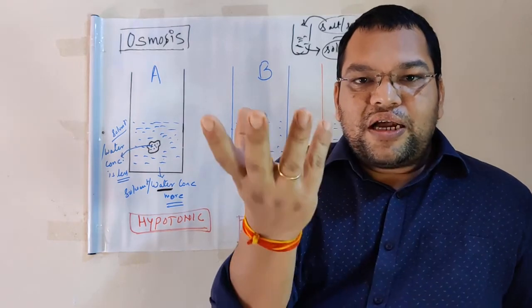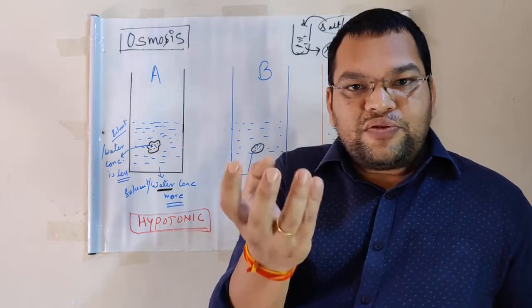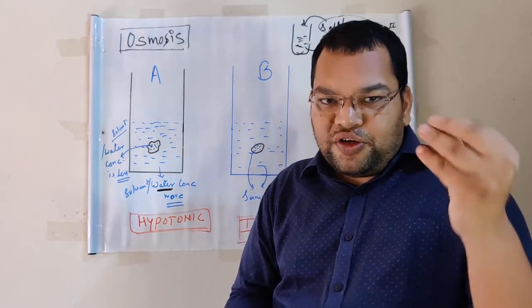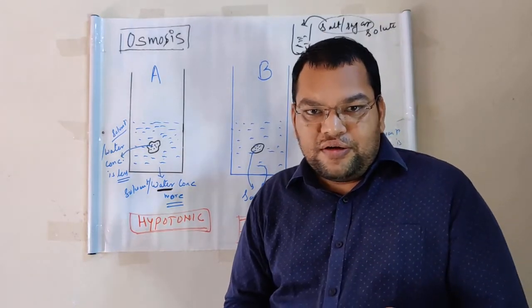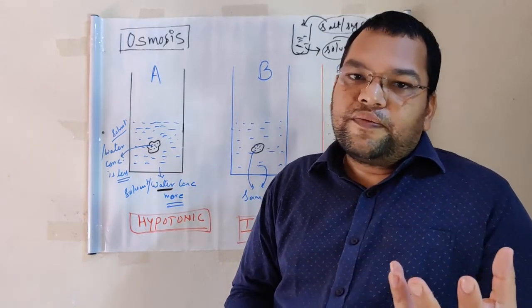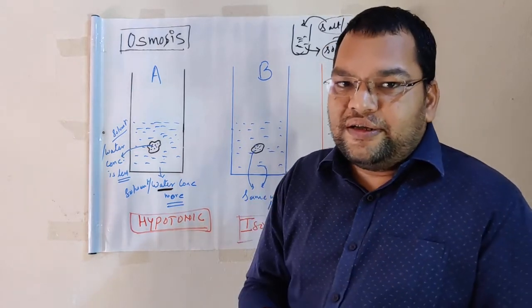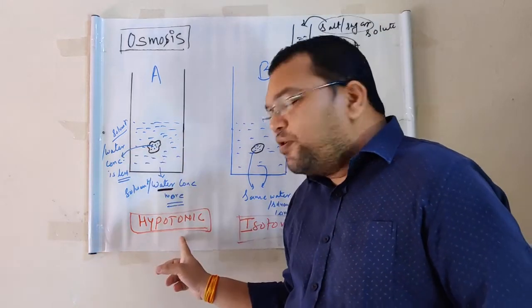Why is it enlarged? Because the water goes in. The best example is when you put some raisins, kishmish, inside water, surely they swell. After 2 or 3 hours they swell because the water goes inside. So this solution is known as a hypotonic solution.